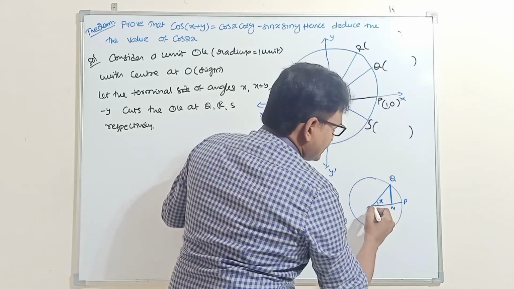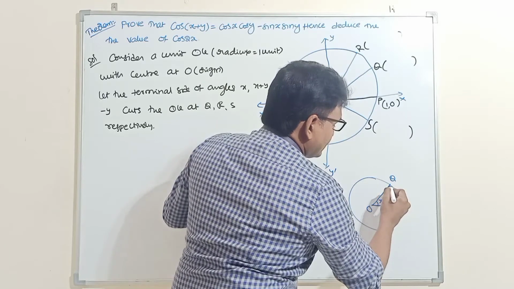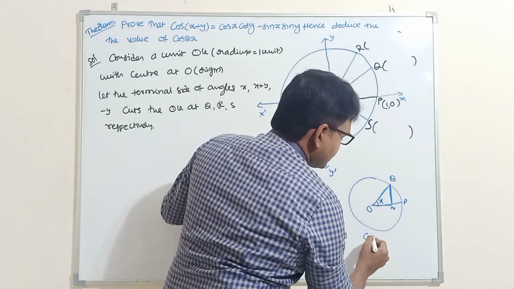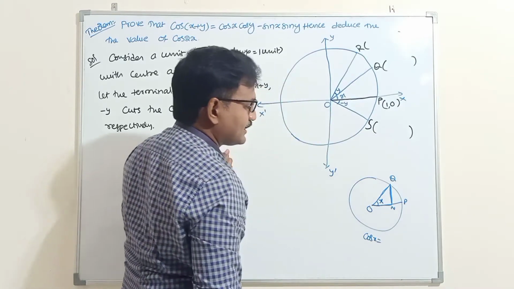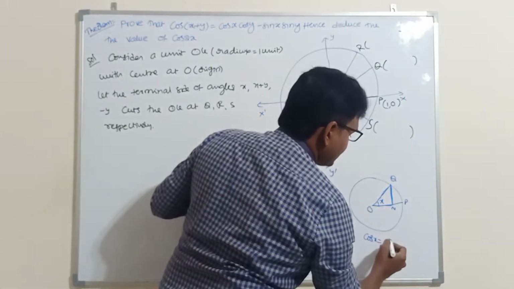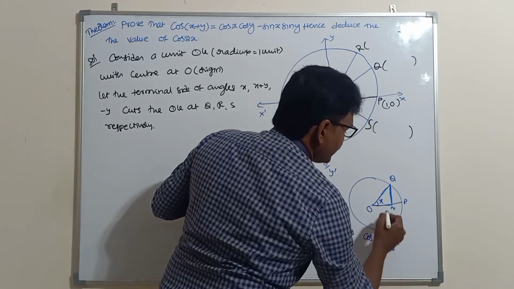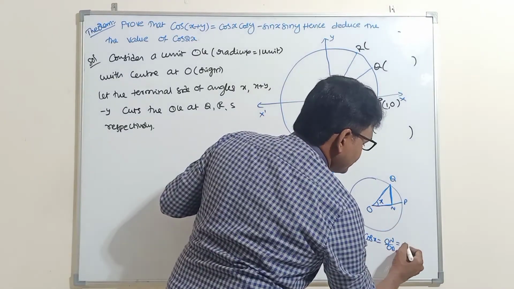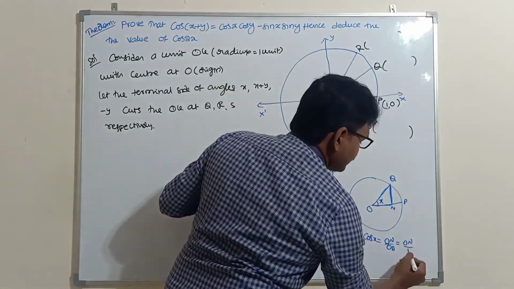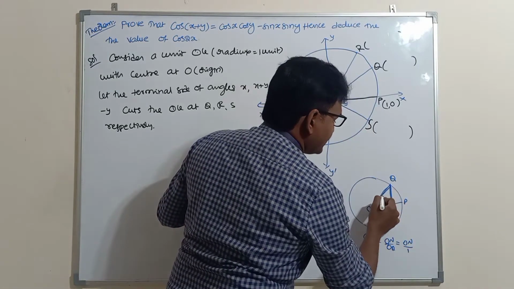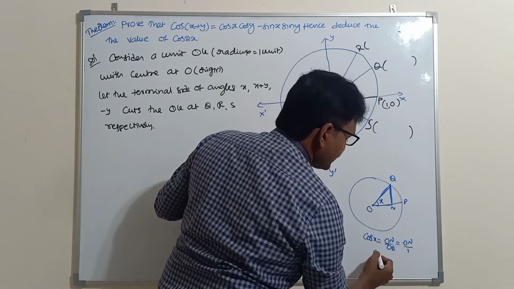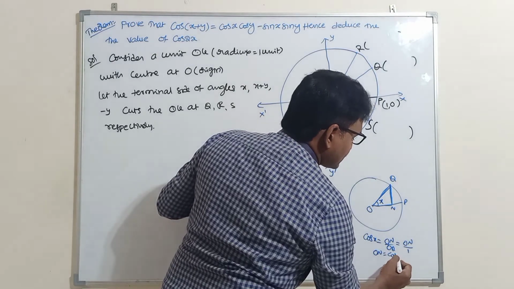So if you observe, this is a right angle triangle. So cos x for this right angle triangle means ON by OQ. So ON value is how much? OQ value is how much? 1, because OQ means radius. Radius is 1 unit. So ON is equal to cos x.